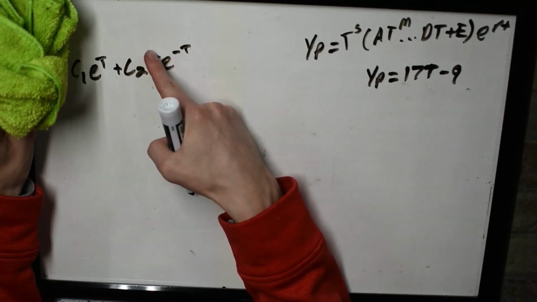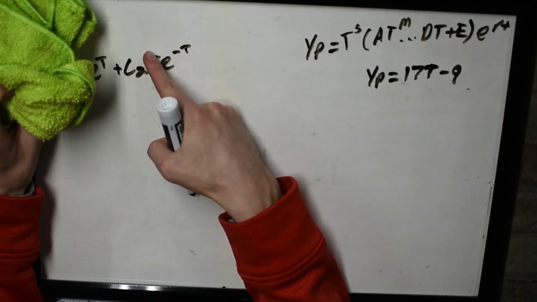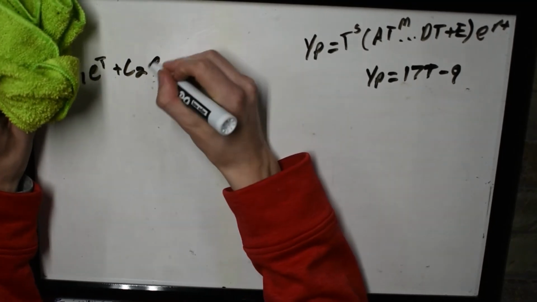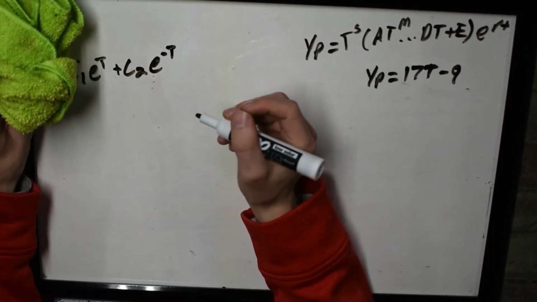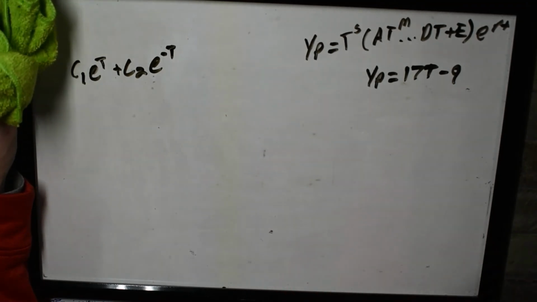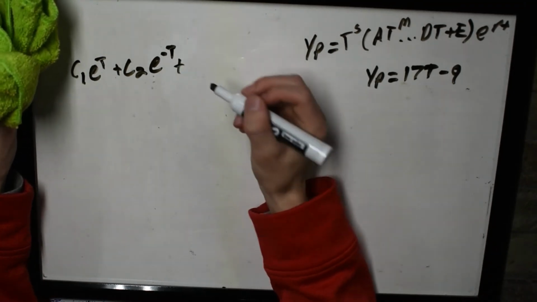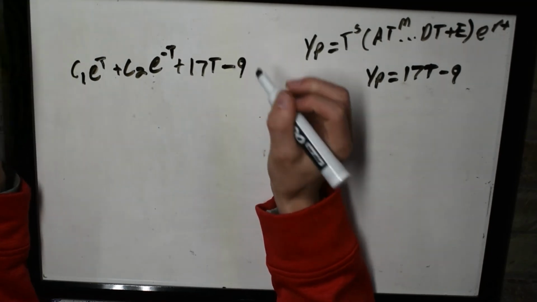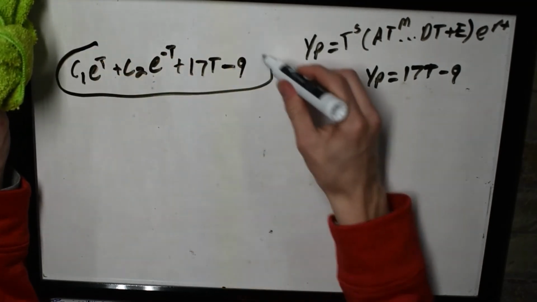Oh, it was not a double root. I'm sorry. Plus our particular solution, 17t minus 9. And this is our general solution.